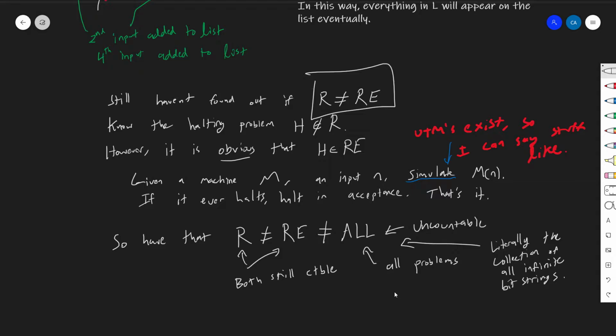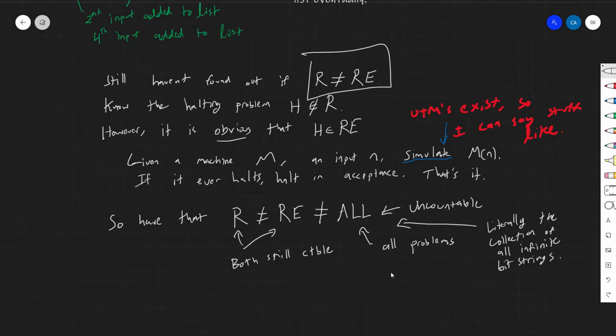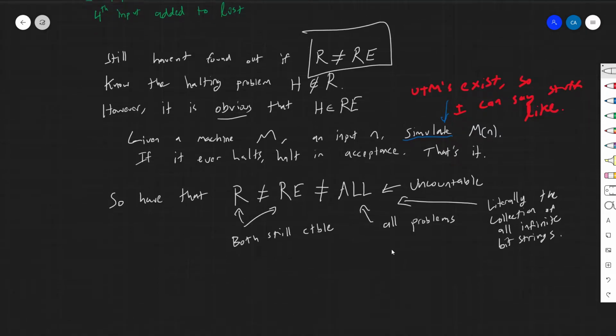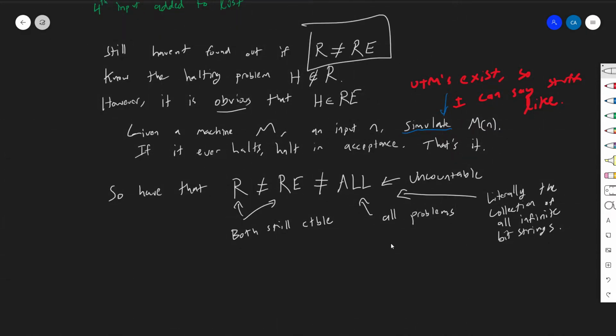And we're going to define one more class before the end of this. So that's all well and good. But there's more to say. The halting problem is in some sense the hardest possible problem in RE. It's hard for RE in a certain way.